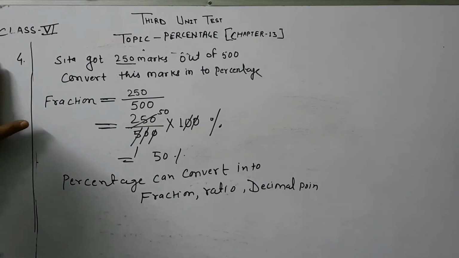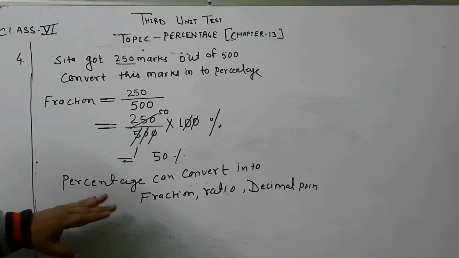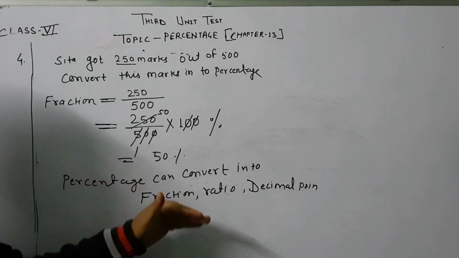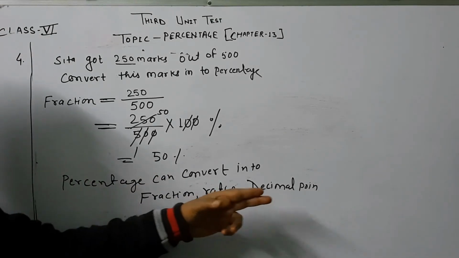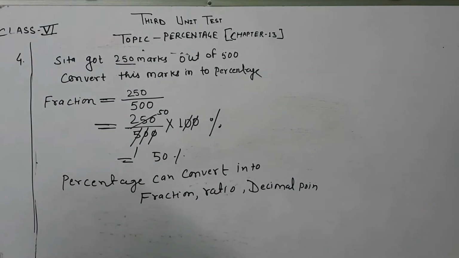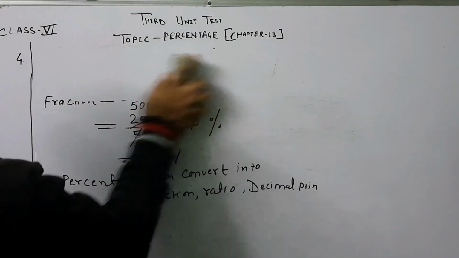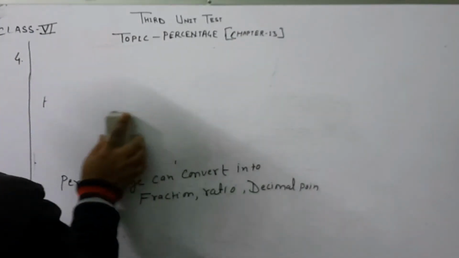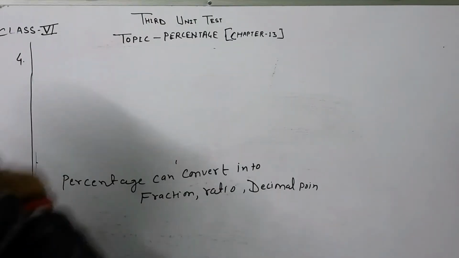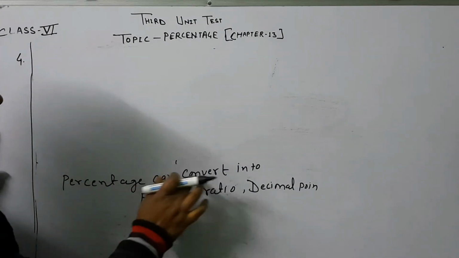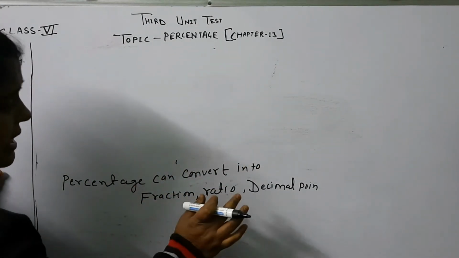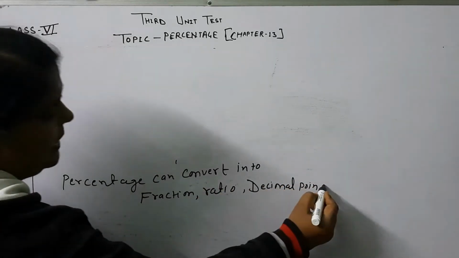What conclusion we got from this exercise? Percentage can convert into fraction, ratio, decimal. Through one example I am explaining to you. See here, what I told you: percentage can convert into fraction, ratio, decimal point.